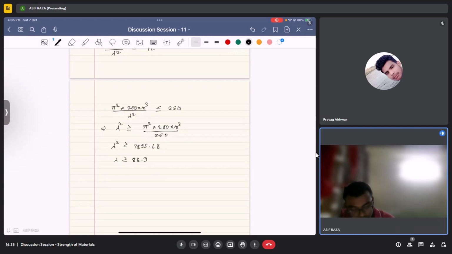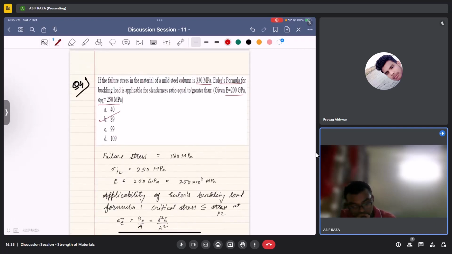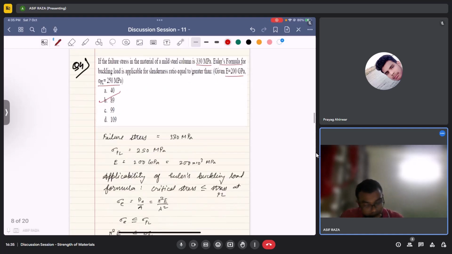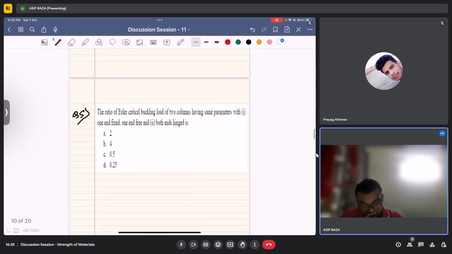So as a round figure I can say lambda must be greater than 89. The correct answer pertaining to this question would be option B, 89. So moving on to the next question.